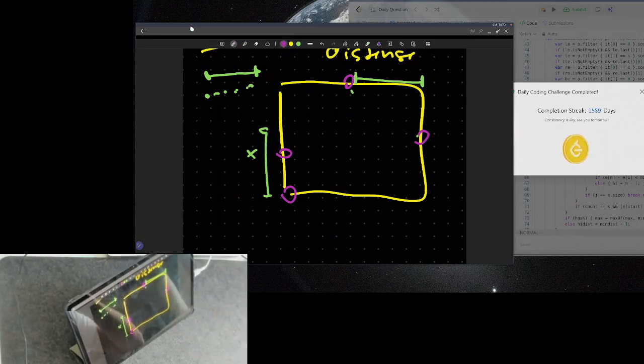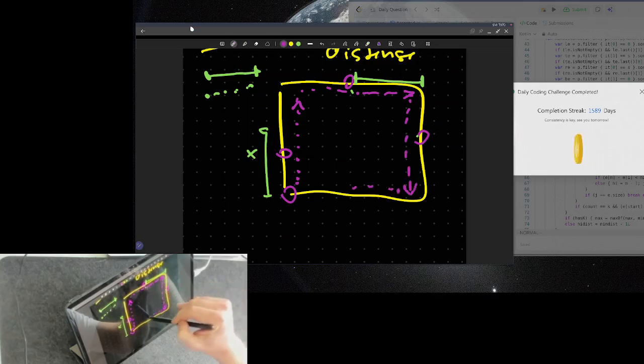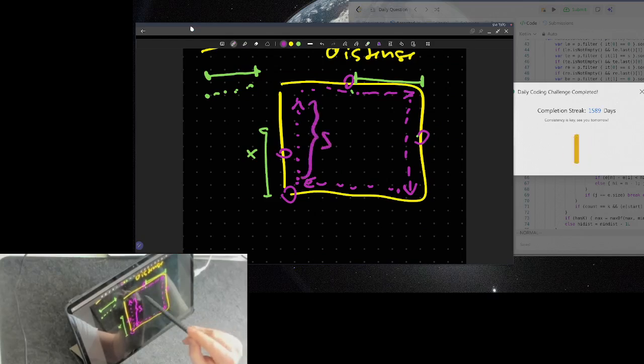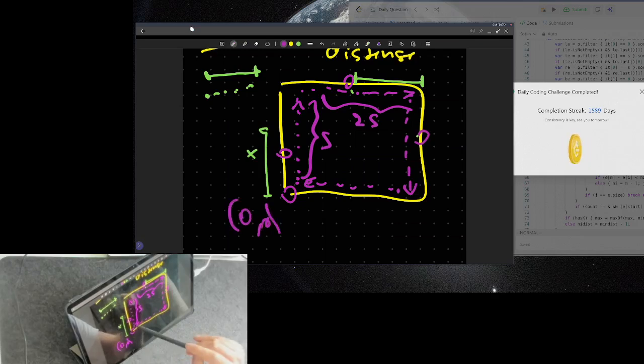So the working solution is you have to unroll this perimeter into a single loop to calculate the distance. And the right way is to consider the distance from 0, 0 along the perimeter path.